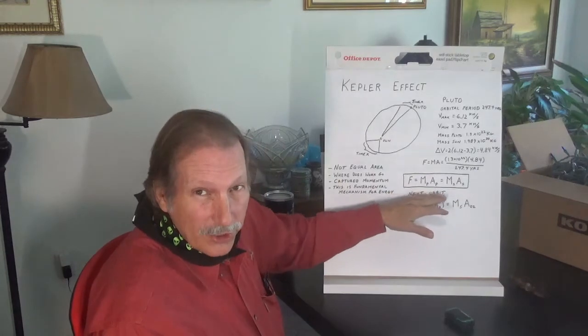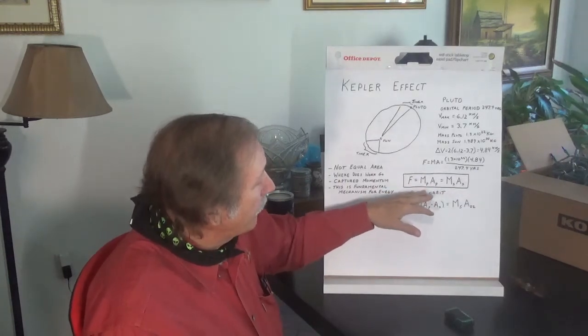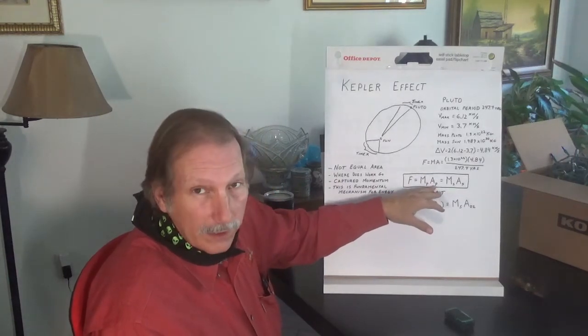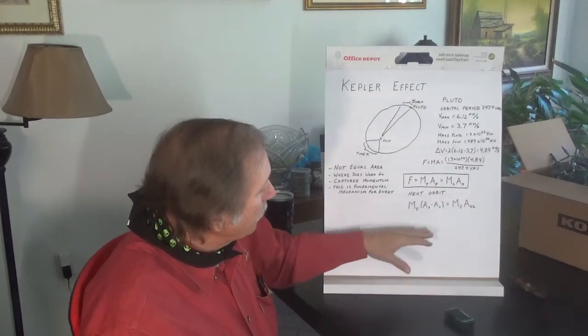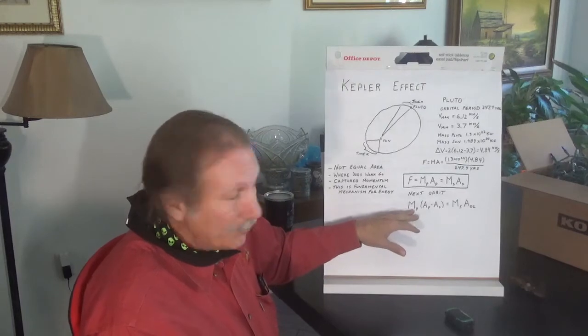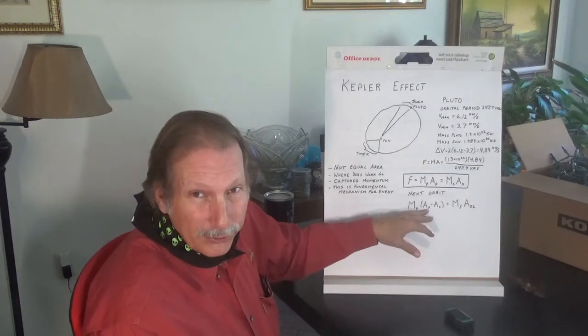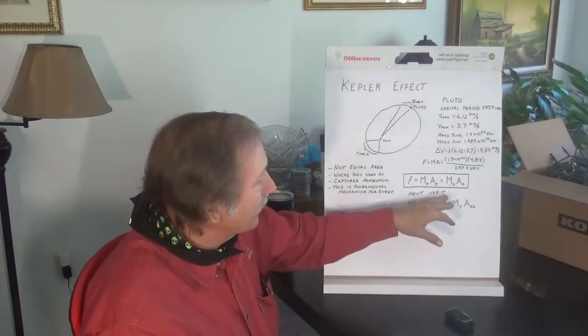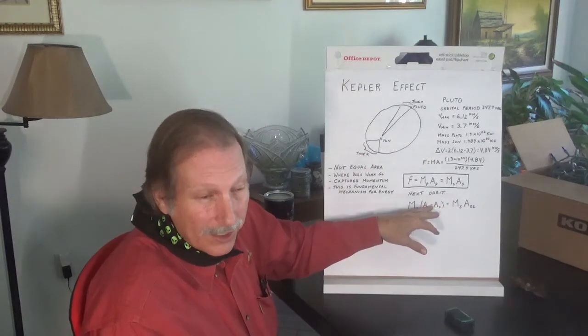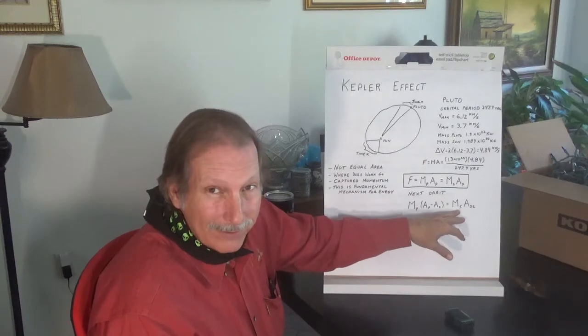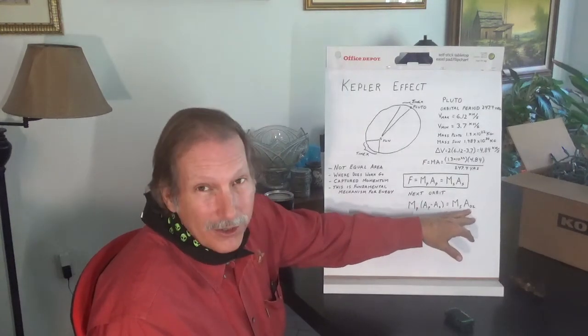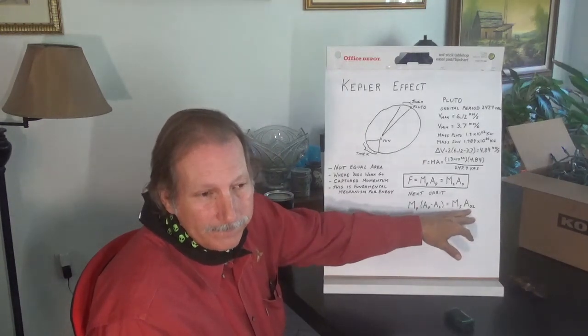But if you take a look at this and use this equation, you would have the mass of Pluto, acceleration of Pluto, mass of the sun, acceleration of the sun. Next orbit, you would take the mass of Pluto, the acceleration of Pluto last orbit, minus the acceleration you pull out of the sun, and that would give you the new mass of the sun times the acceleration of the sun second orbit.